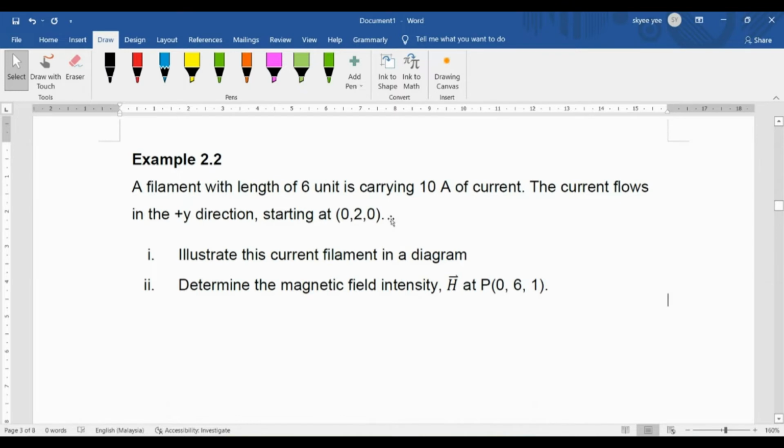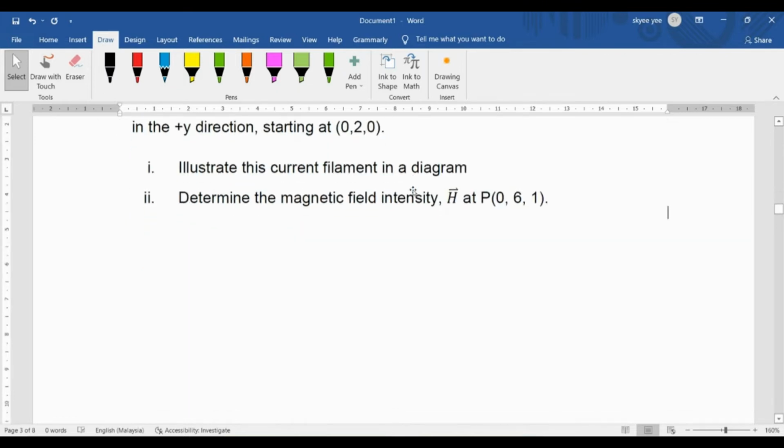If the question doesn't give you any drawing, you have to understand the question and draw the diagram yourself. For the first part, you have to illustrate this current filament in a diagram.